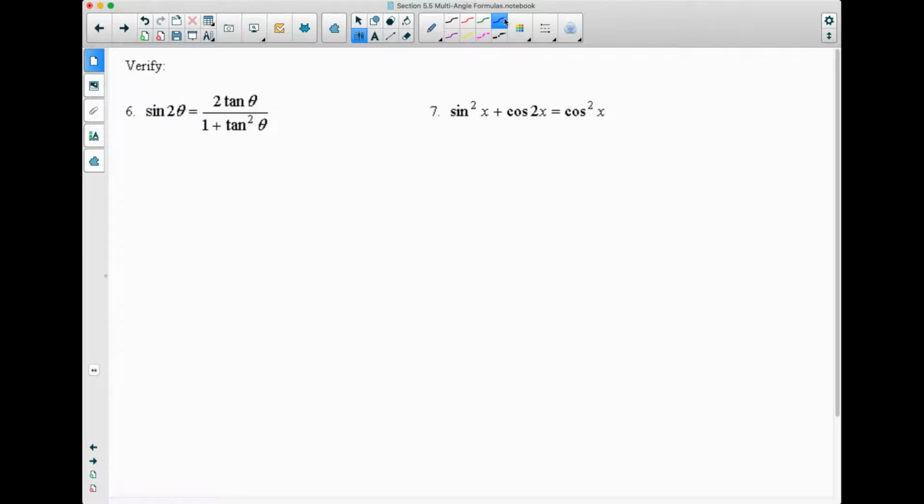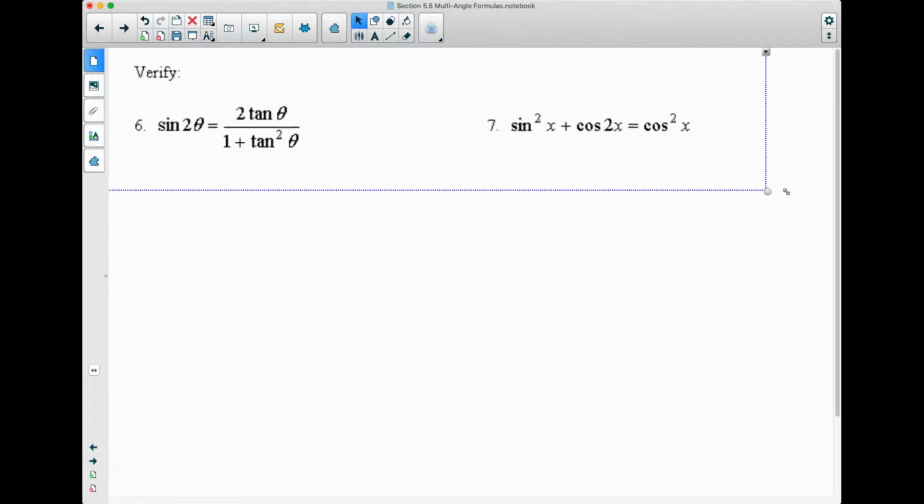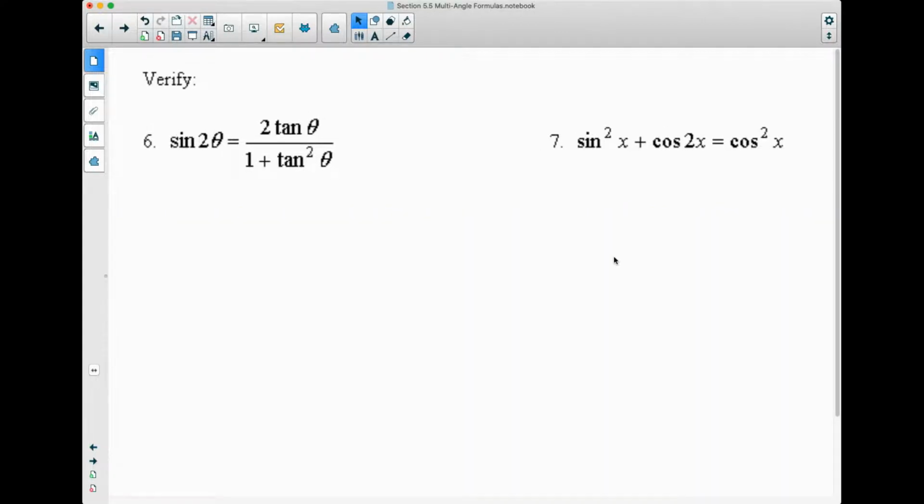All right, so let's look at our options here. If I look at sine 2 theta, look how far I can get. 2 cosine sine. Can I do a whole lot with that? Can I do a whole lot with tangent? Probably. Okay, go ahead and start manipulating the right-hand side.